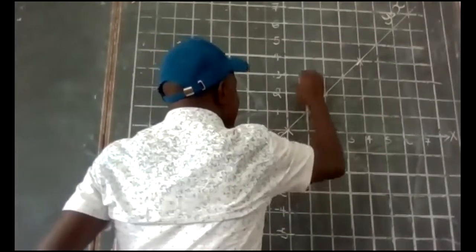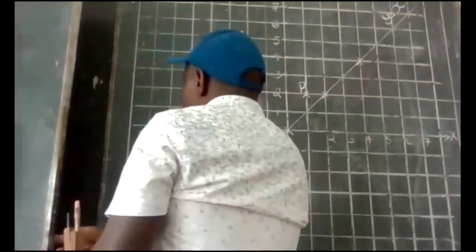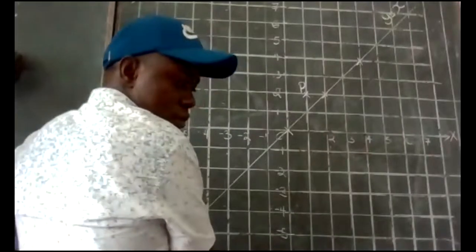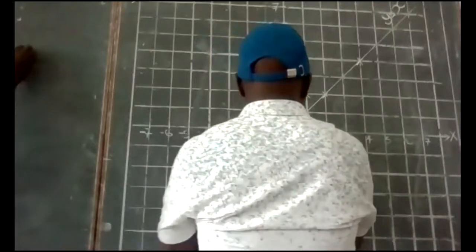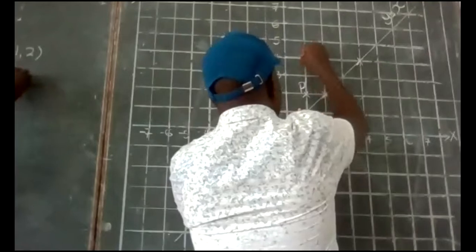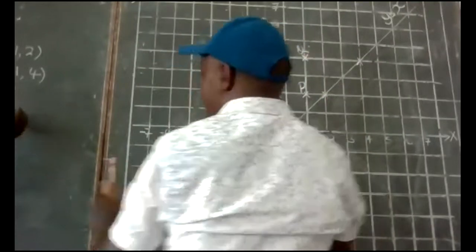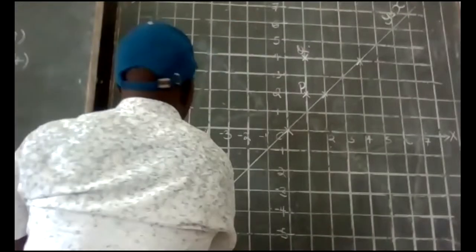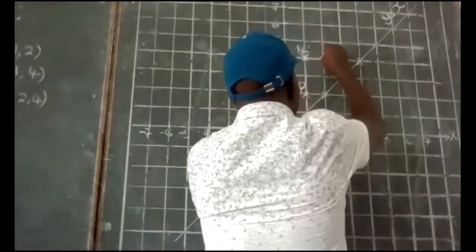This is the P. I go to Q. Q is 1, 4: 1 on the x-axis, then 4 on the y-axis. This is the Q. And then the last one, R, is 2, 4. 2, then 4 is here.